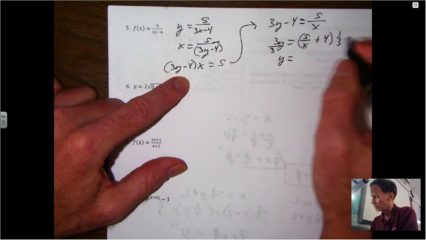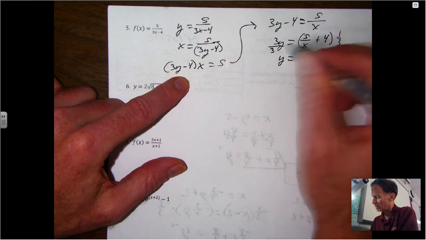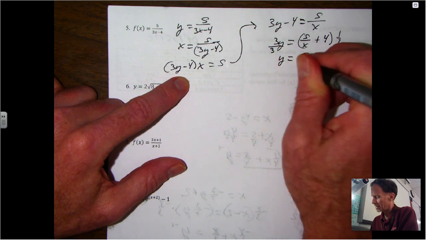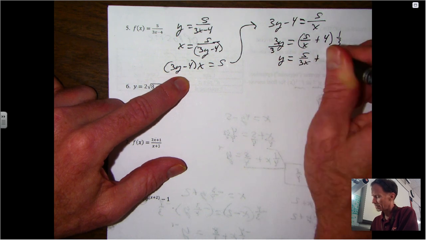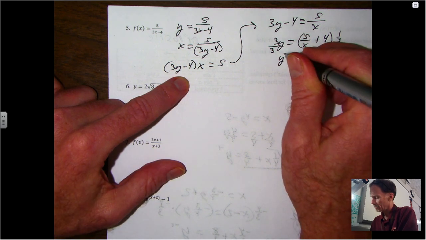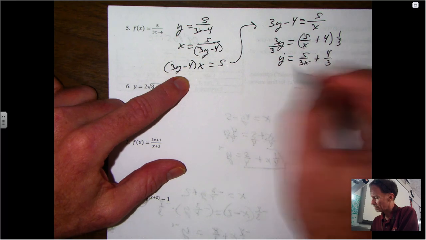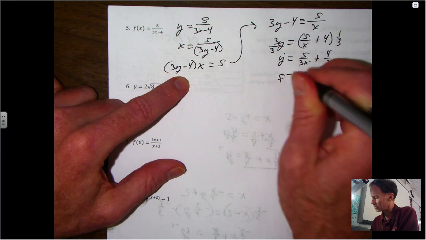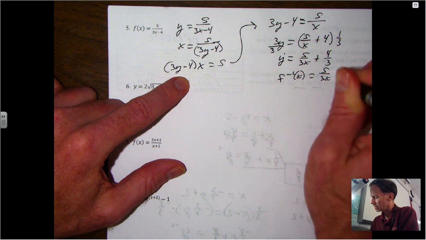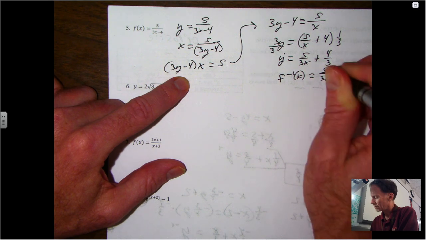So it'll be y equals, again, distribute that 1/3 through. So it'll be 5 over 3x plus 4/3. And that is your inverse. And again, we have function notation, so I'm going to write it as f inverse of x equals 5 over 3x plus 4/3.